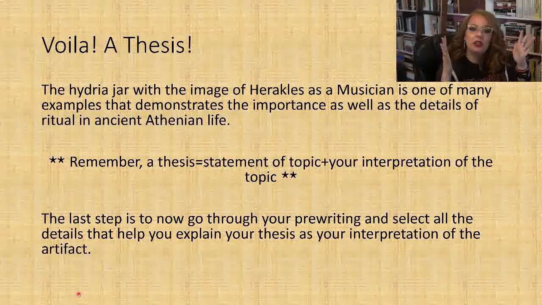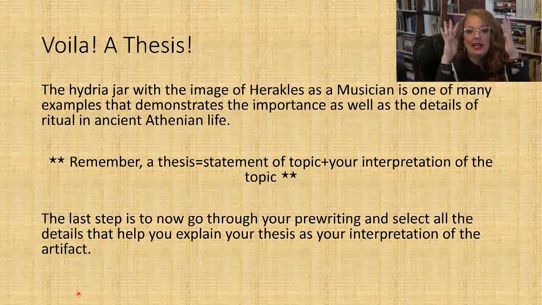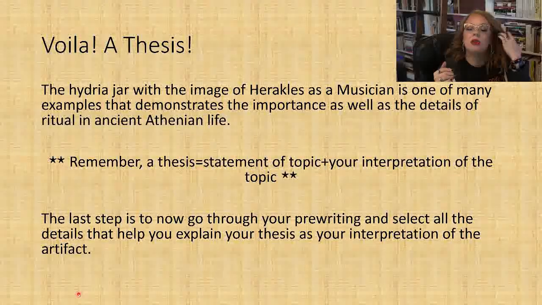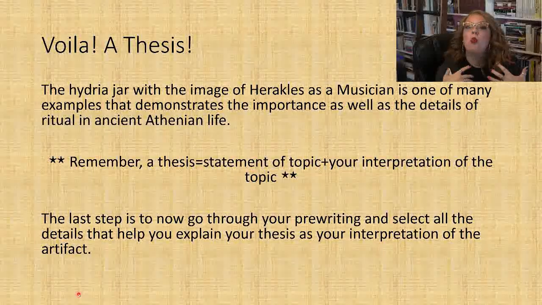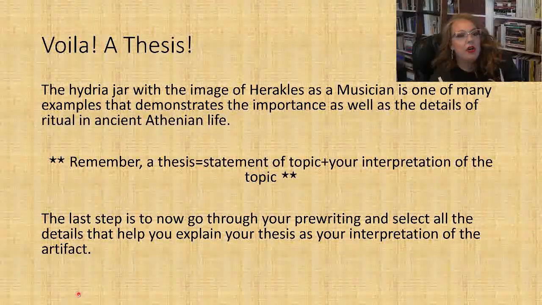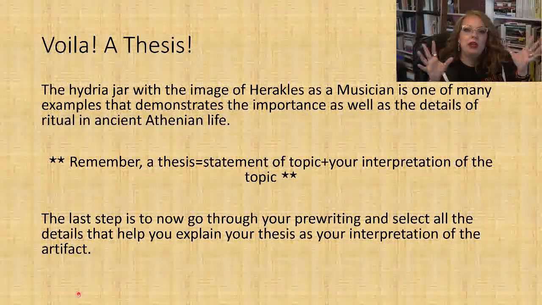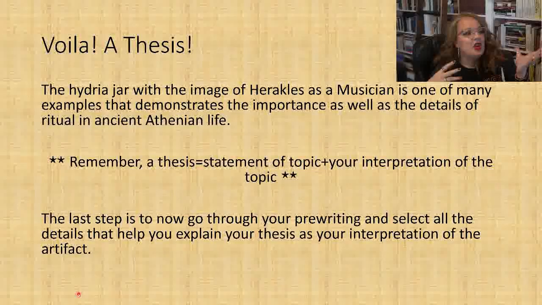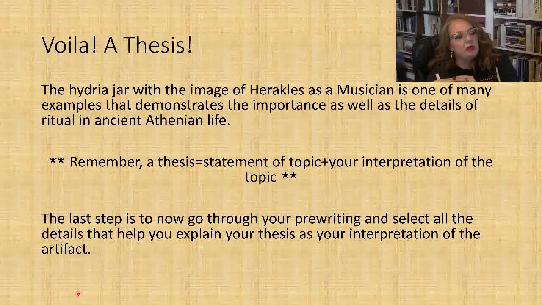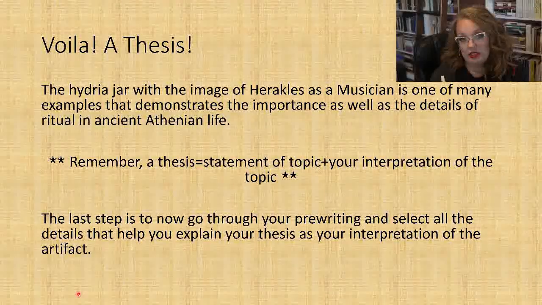And then you can create an outline where you try and keep all of the like things together. Go through the who, what, when, where, why, and how, and decide what information you want to present, what information is going to help you talk about what you learned about the artifact in terms of examples that demonstrate the importance as well as the details of ritual in ancient Athenian life.